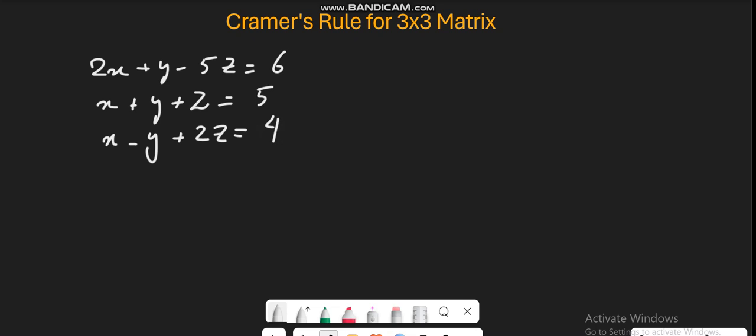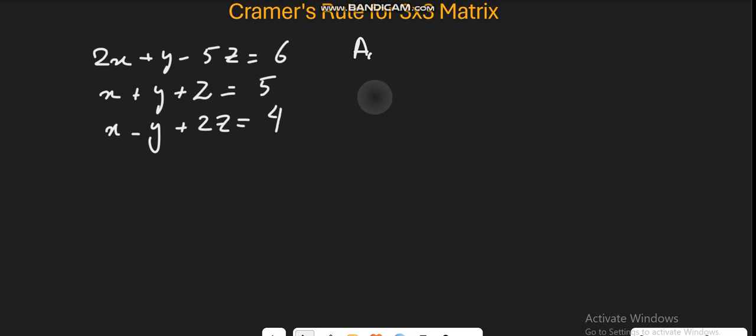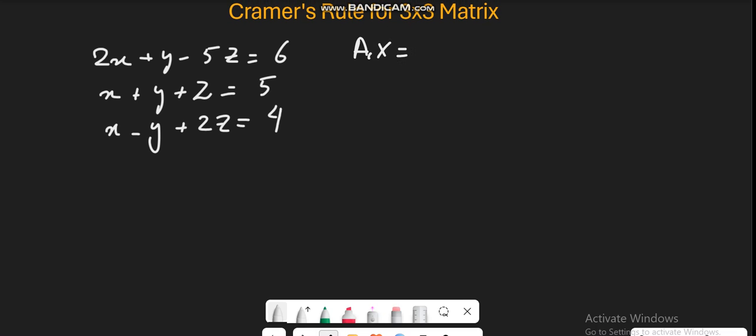Alright, the first step is to write this in the form of a matrix, like in the system of linear equations, that is Ax is equal to b. So A is actually the coefficient matrix, which is 2, 1, minus 5.